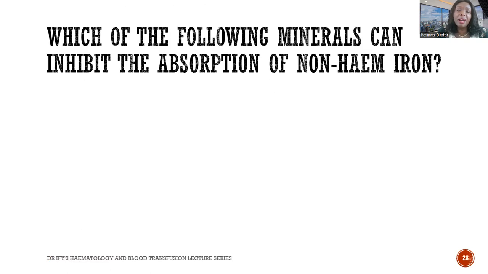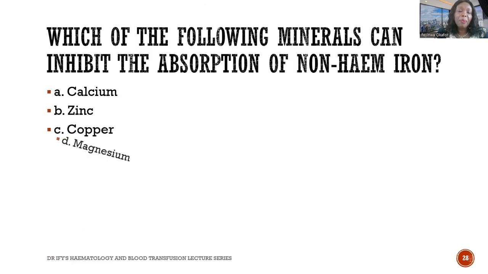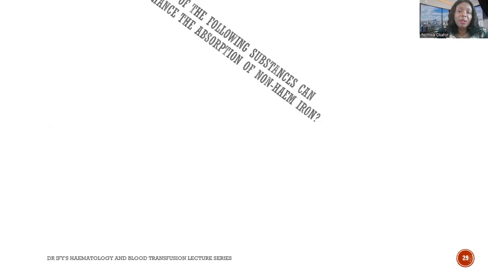Which of the following minerals can inhibit the absorption of non-heme iron? Calcium, zinc, copper, magnesium. Answer A, calcium. Calcium inhibits the absorption of non-heme iron.